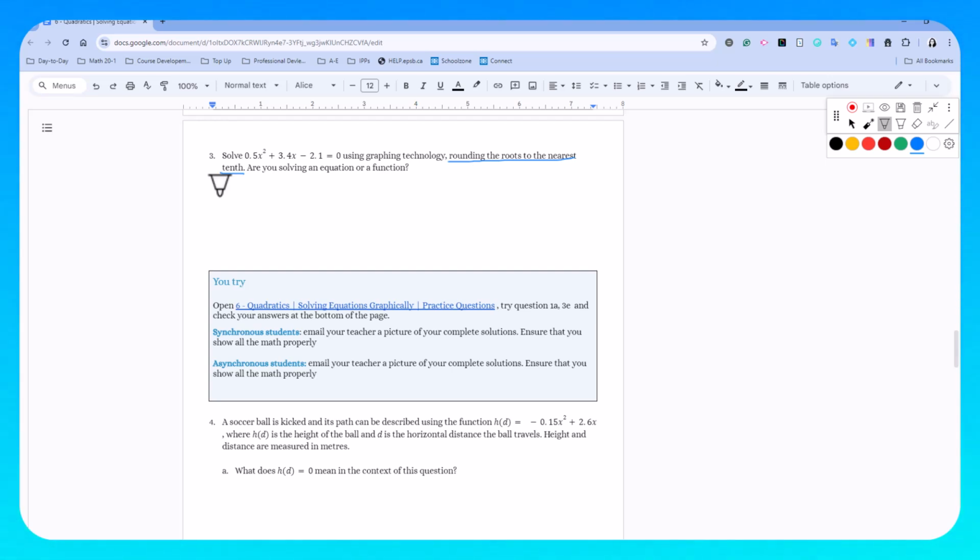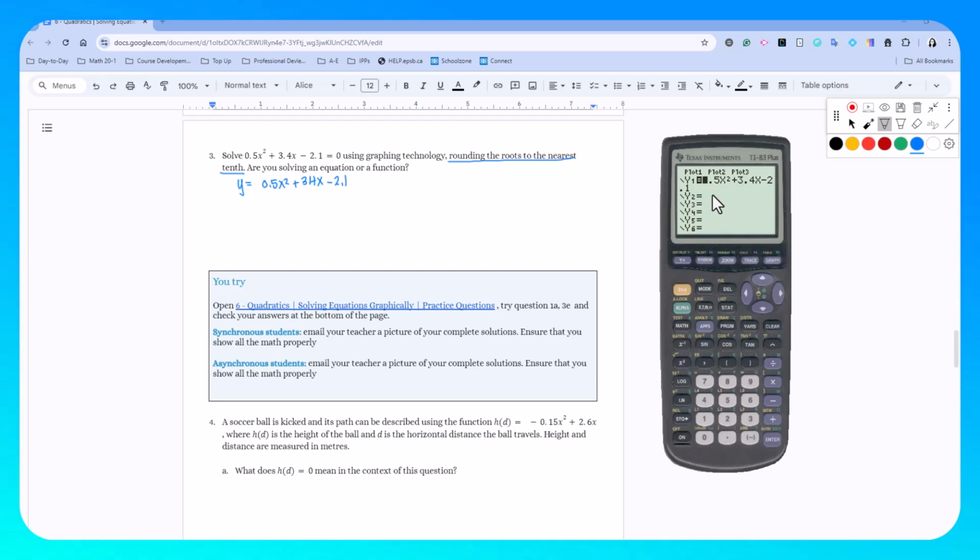Well, the first thing we want to do is enter y equals 0.5x squared plus 3.4x minus 2.1 into the calculator. So let's go ahead and do that first. Okay, so I've entered in the equation in my y, 0.5x squared plus 3.4x minus 2.1.